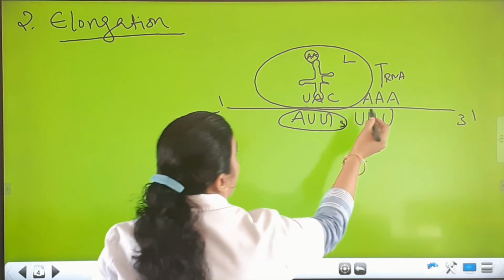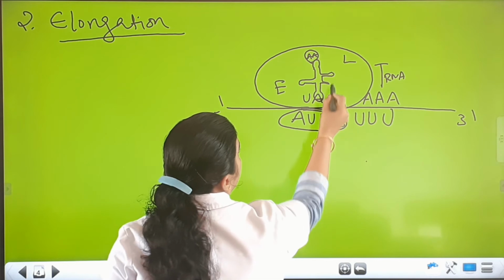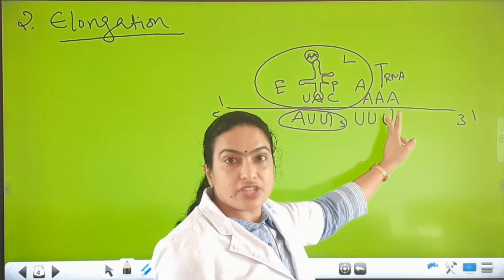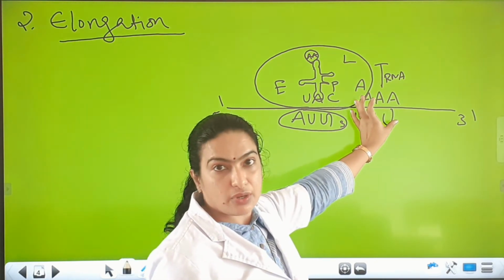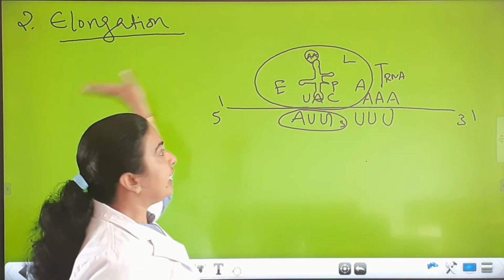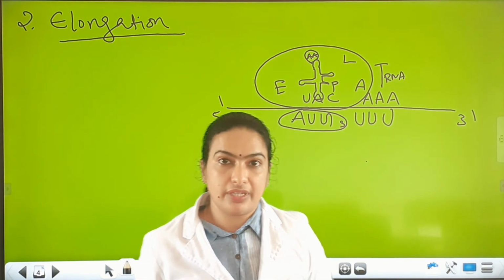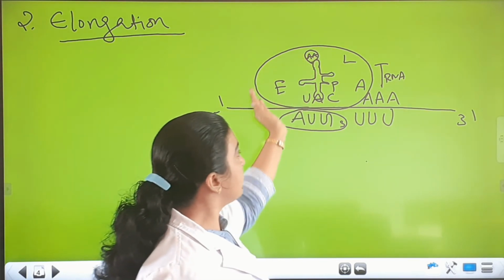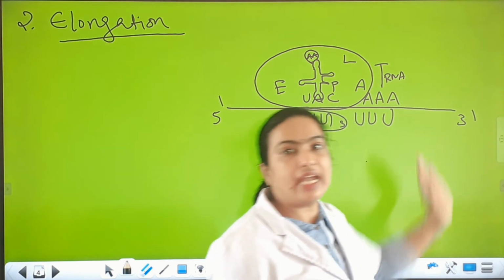So here, as I told you, there are three sites: the exit site, P site and A site. The next charged tRNA enters the A site of the ribosomal complex, and the first one is released through the E site. Next, the ribosome moves from codon to codon along the mRNA.